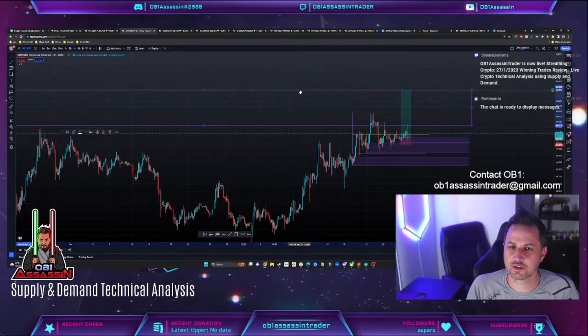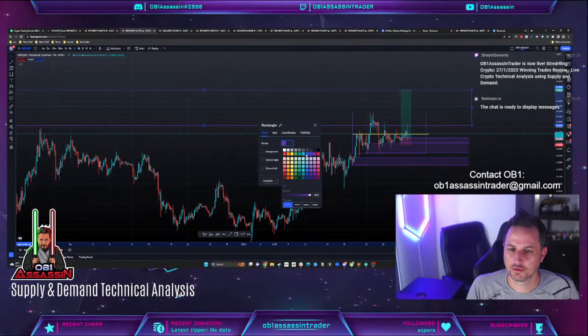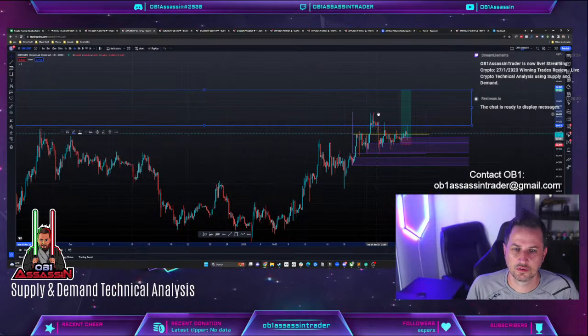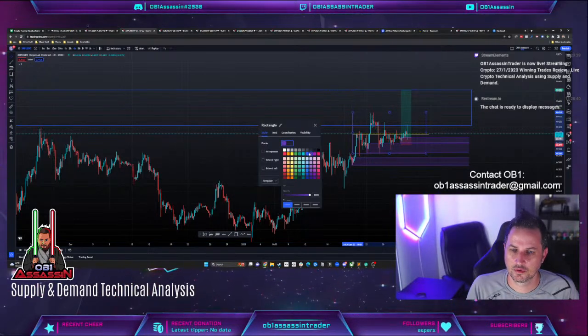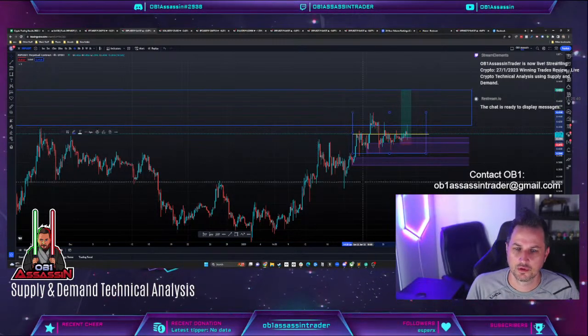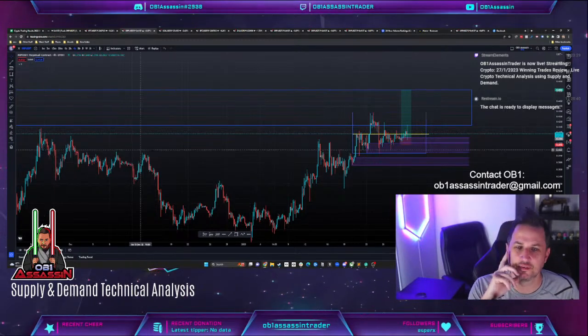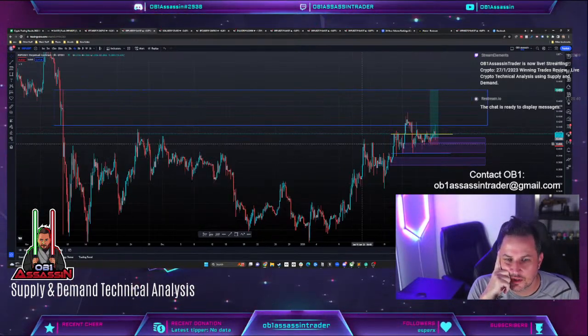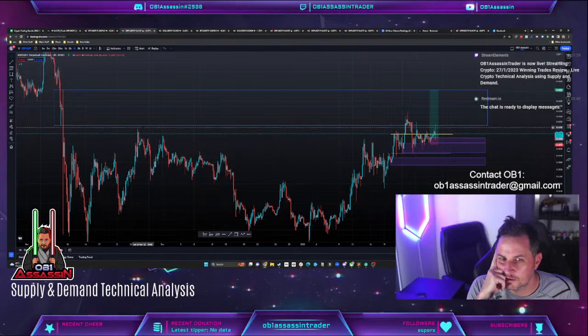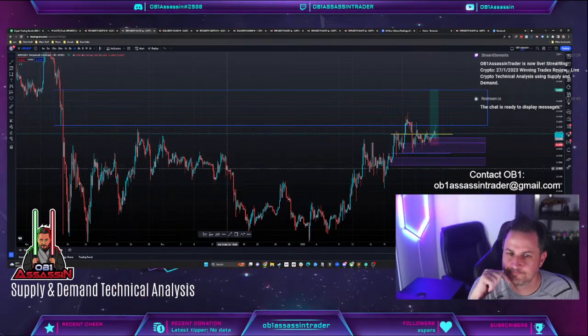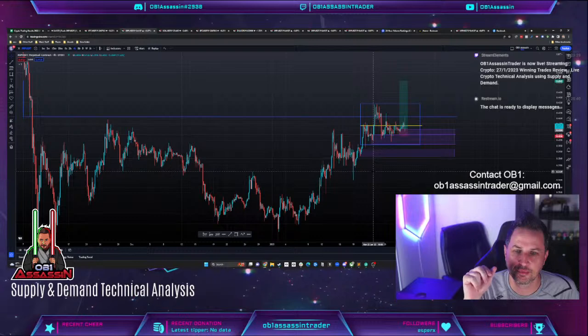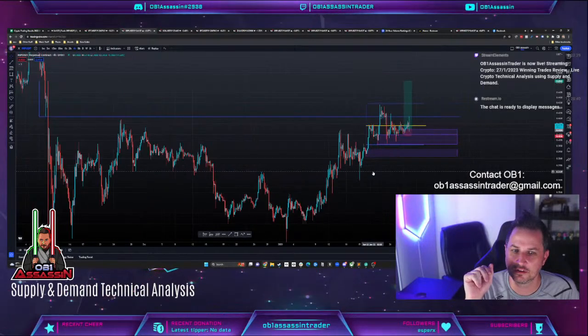Support and resistance, well, these need to be blue. Do we have any breaker blocks in play? Well, not that I can see at the moment. Can't see any clear breaker blocks that are going to be worth looking at.